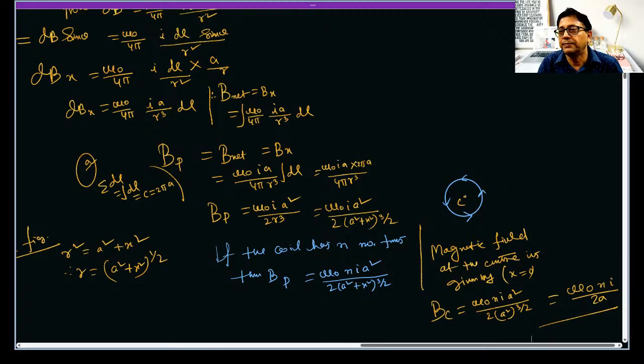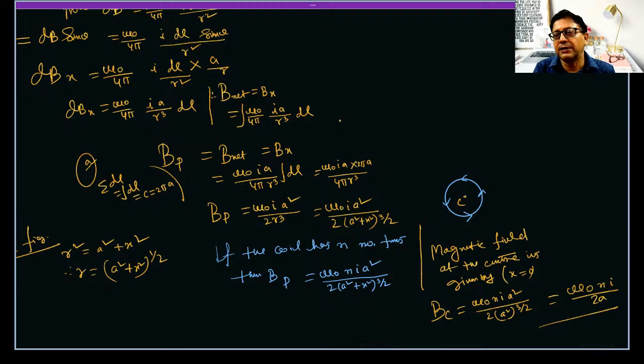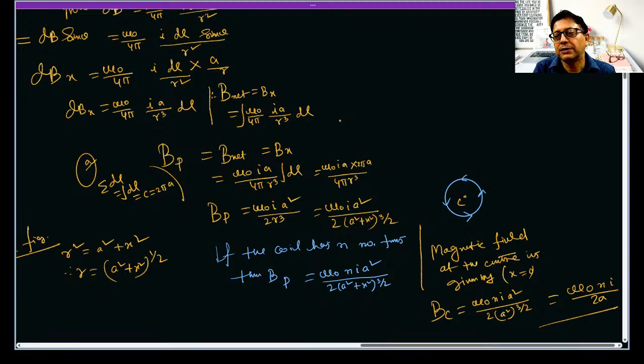Which part? This one? For semicircular wire or quadrant of circle, how to find magnetic field at the center? I mean, suppose there is a current carrying wire like this.